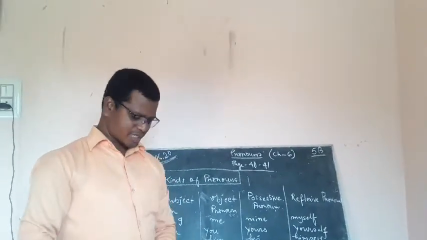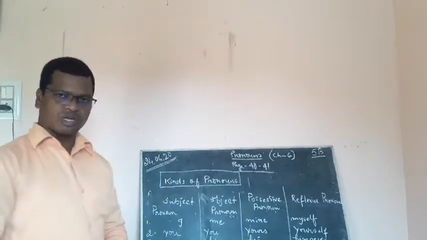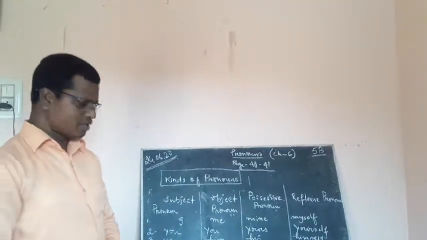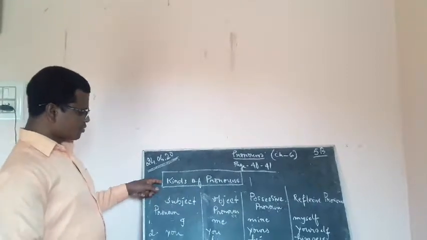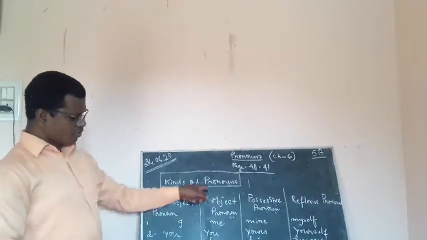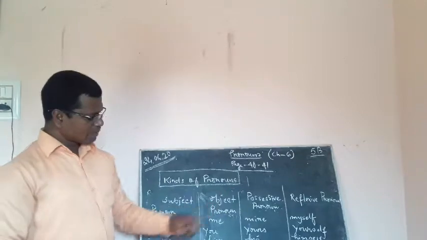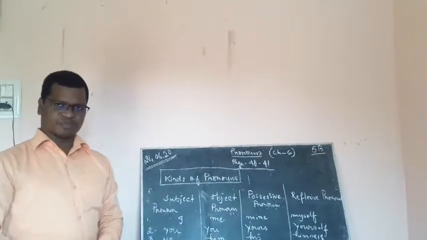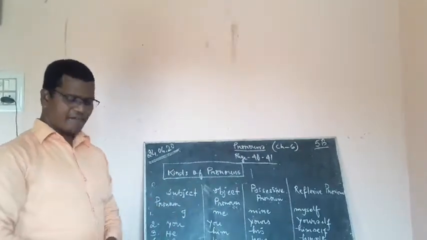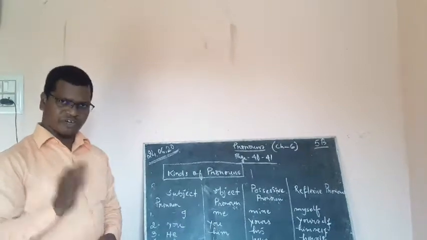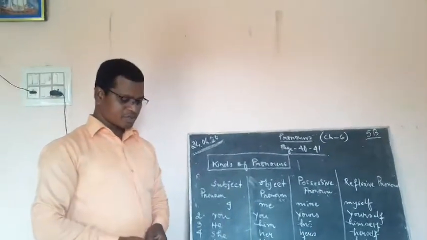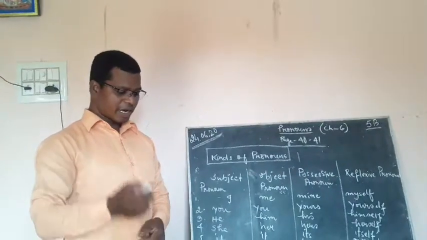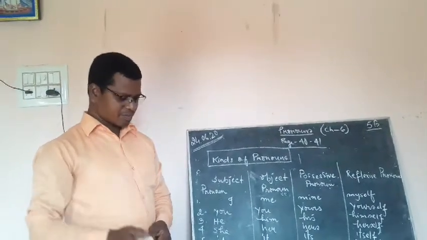Before we go into the exercise, let us look at the board once so that you become familiar with the kinds of pronoun here. You can see the subject pronoun, object pronoun, and then possessive pronouns and reflexive pronouns. So as we have in question number B, just read the question once. Complete the sentences with suitable object and subject pronouns.